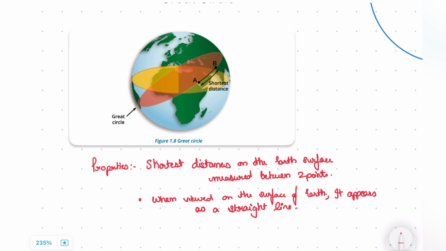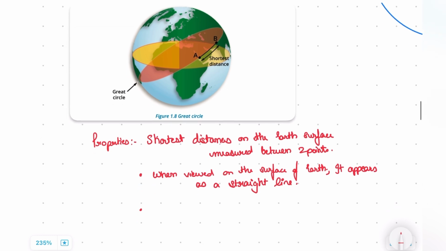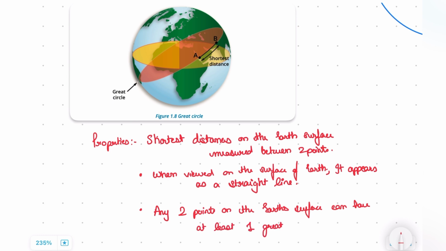Then, any 2 points on the Earth's surface can have at least one great circle passing through them.